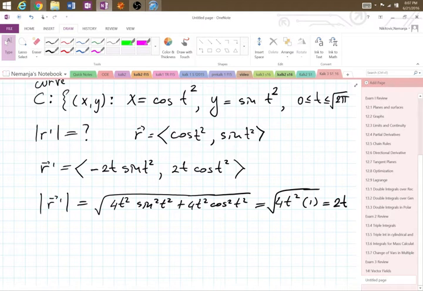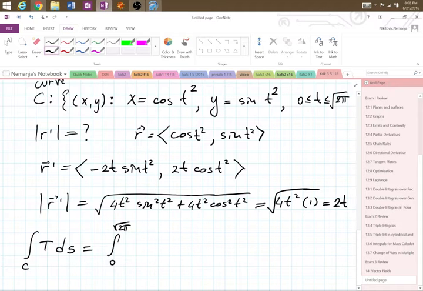Now we set up our integral. The integral is going to be the integral over curve C of the temperature ds. So 0 to square root of 2 pi, those are the limits for t. They are given to us in the upper right corner.